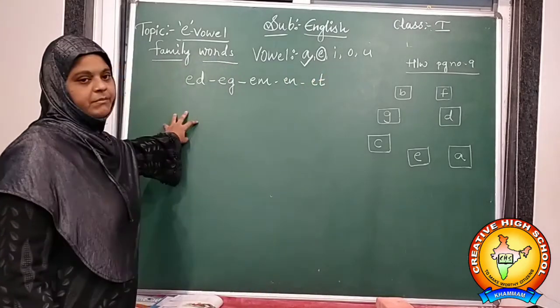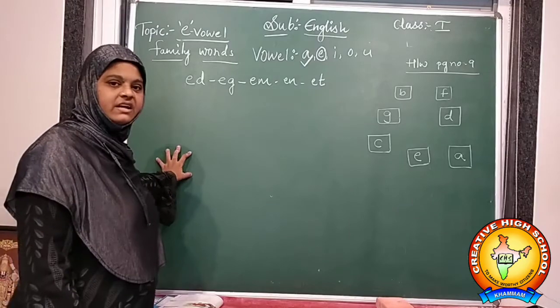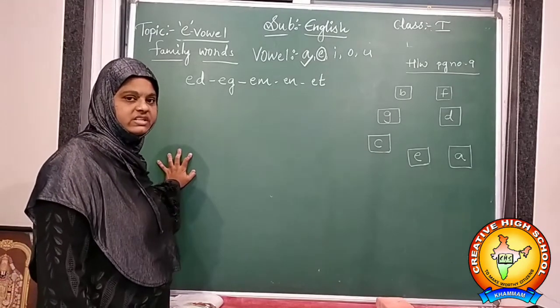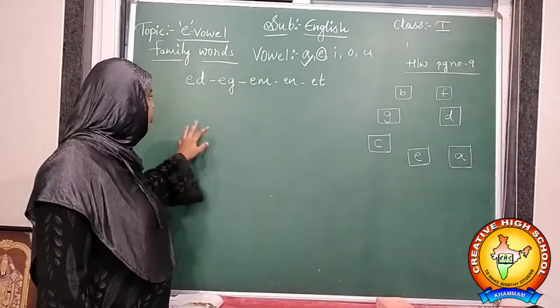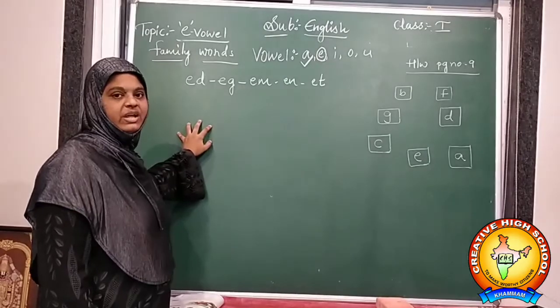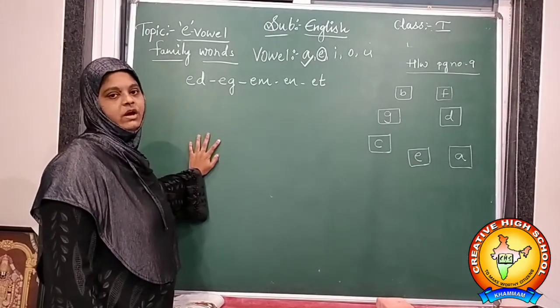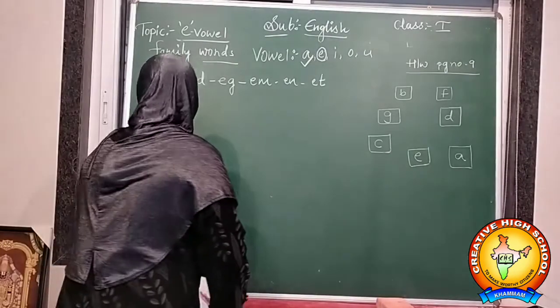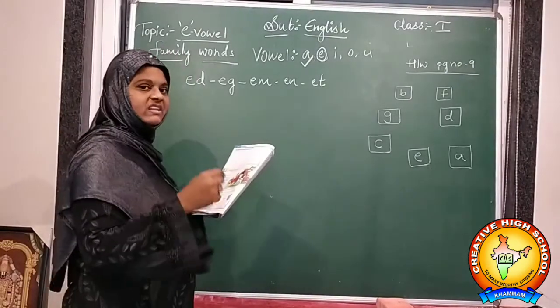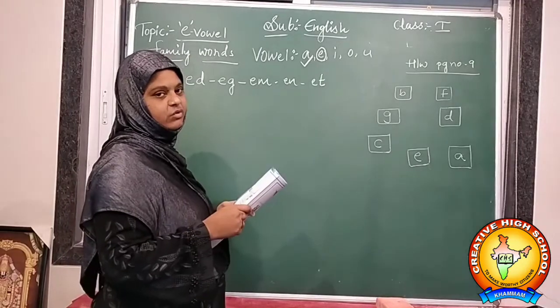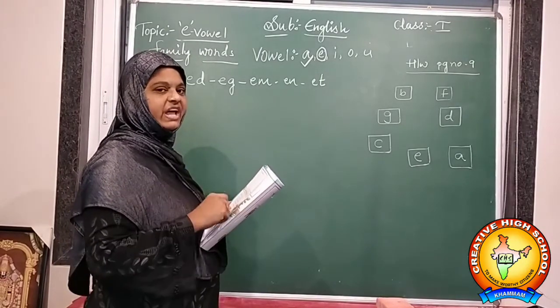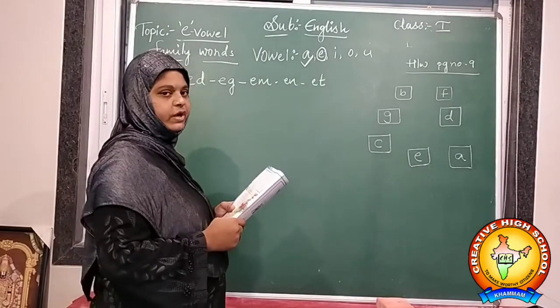These words will come like the A letter words, how we got the words of the A sound. Today we are going to learn only E family words. So I am going to write a poem like that, just as we had an A sound letter poem. Like that we have an E sound letter poem also.